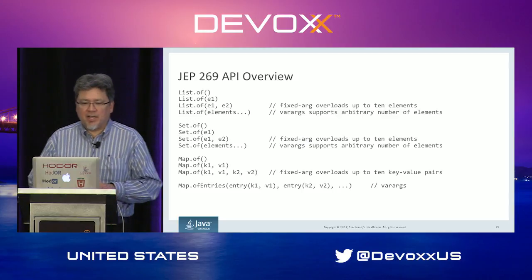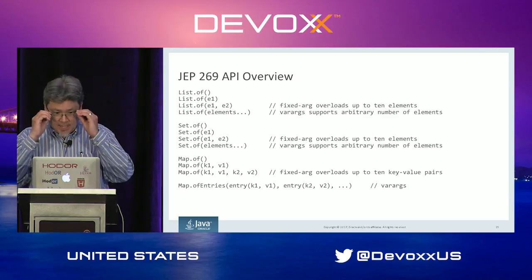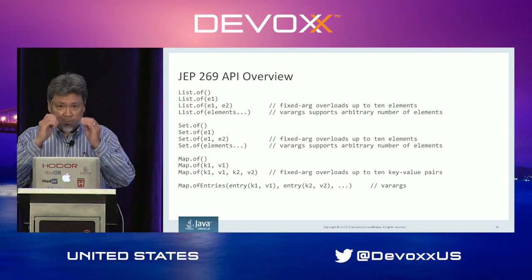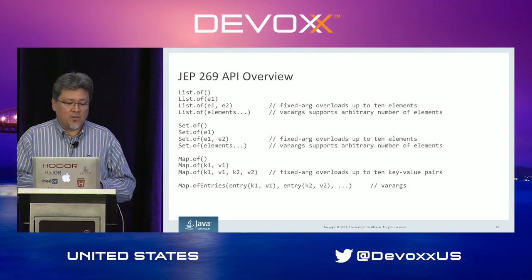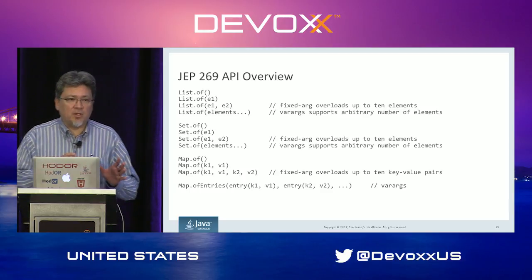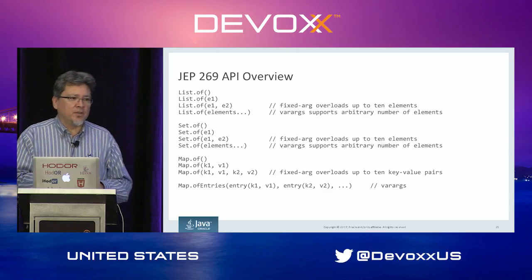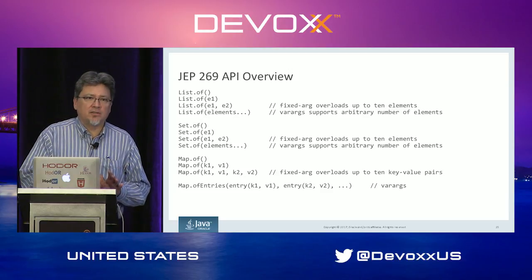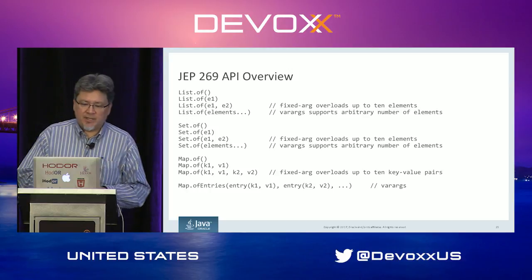There's also Map.of, and Map is different because it doesn't take elements of a single type. Instead, it has to take key-value pairs. So for a small number of key-value pairs, we pass alternating keys and values. But if you want more than that, there's no way to do a varargs for that. So if you want more, we've added a new method, Map.ofEntries.